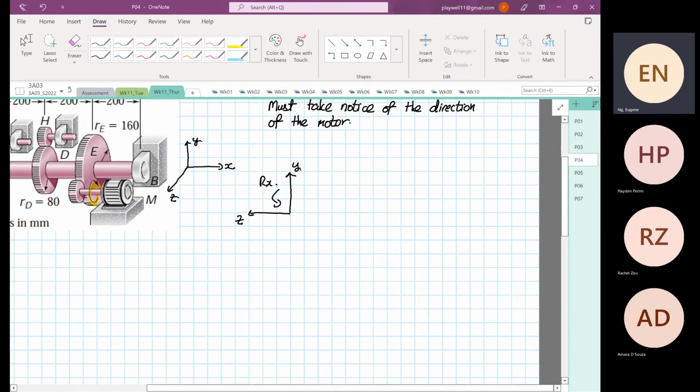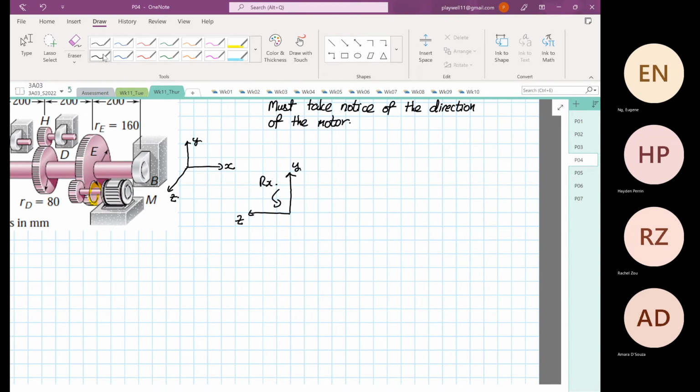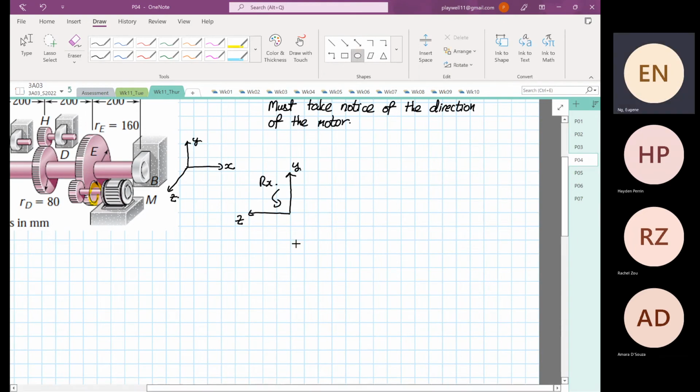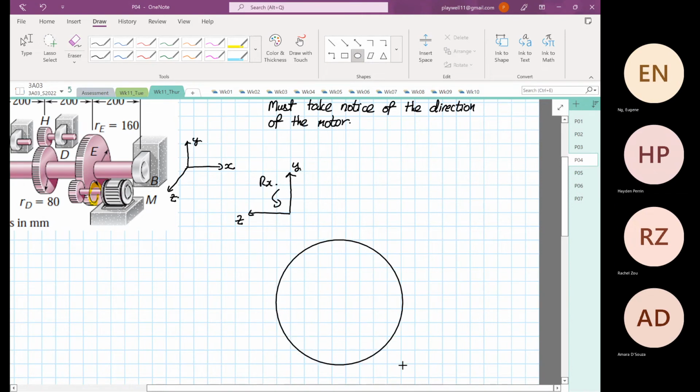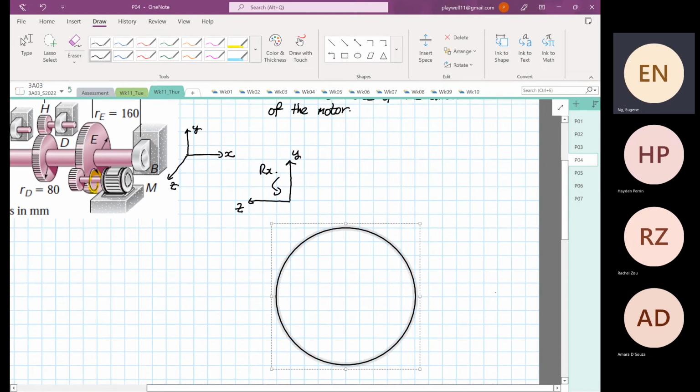Okay, so I'm going to draw gear E first. So this is our gear E, right?